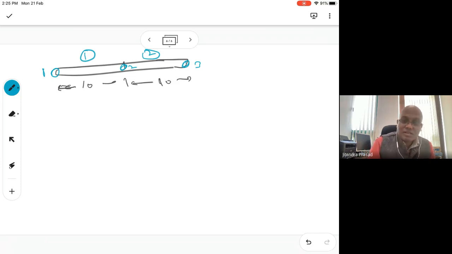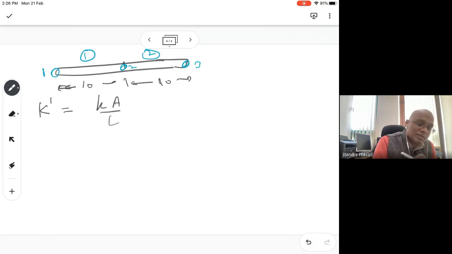Okay, and then what? First of all, you have to find out what is the stiffness matrix. And in this case, what happens? Like you have EA over L, here you have KA over L, and for element number 1 we can write K1, meaning element number 1, is equal to, like you say EA over L, similarly it will be KA over L, because instead of E we have K. A is the unit, K value is given, L is also given, and then you have 1 minus 1, minus 1 1, because this is for two noded, anyway you will get it.